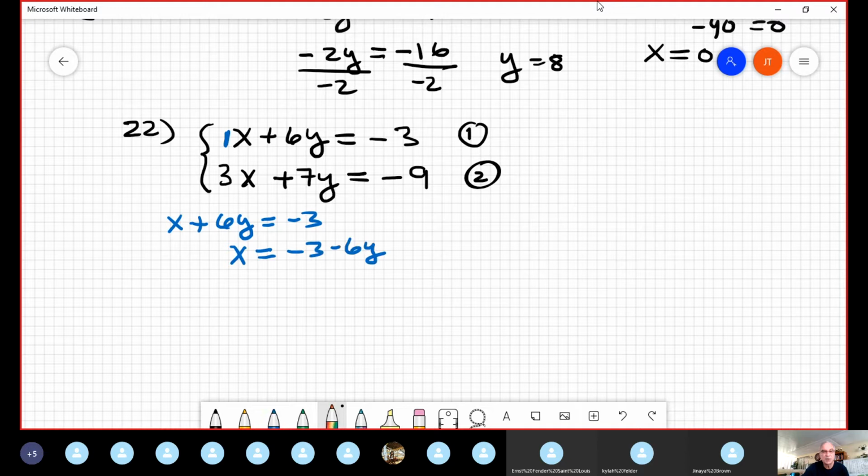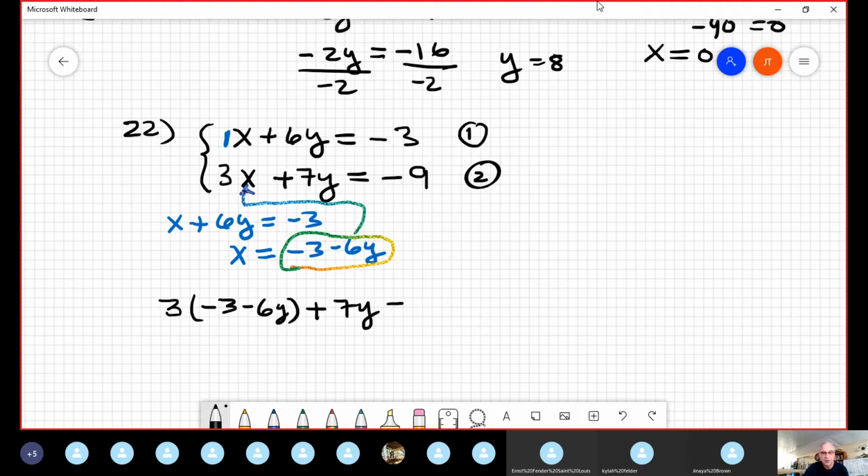Now substitute this expression here. So we have 3 times parentheses. It's important to enclose this expression in parentheses because this is the x value, the entire expression corresponding to x. So this 3 multiplies the whole thing, plus 7y equal negative 9. Good.